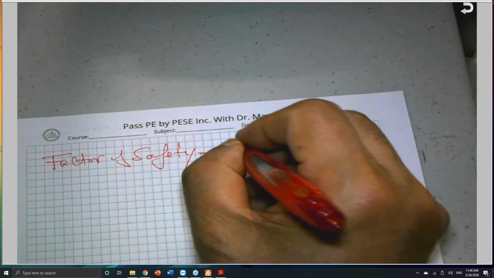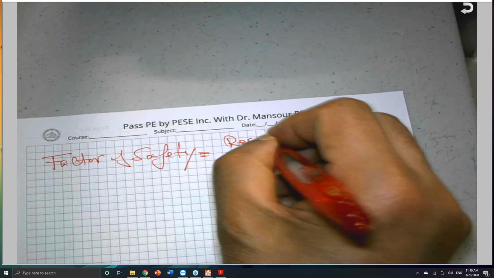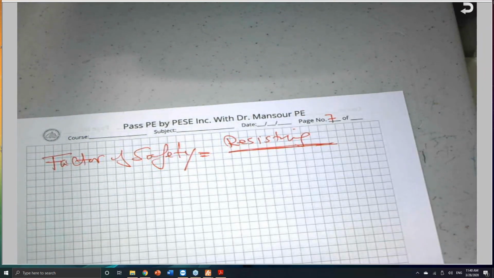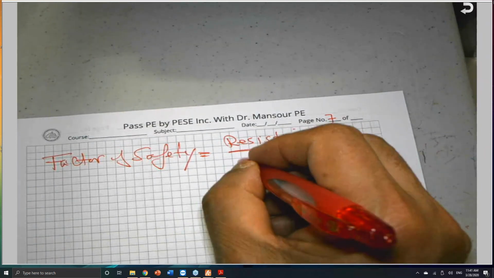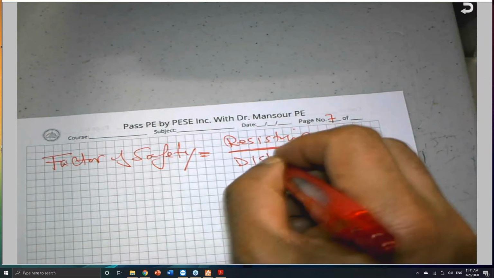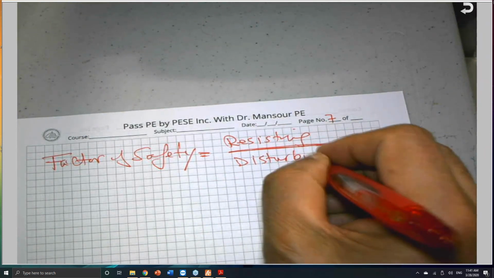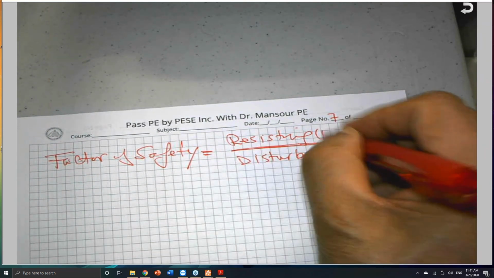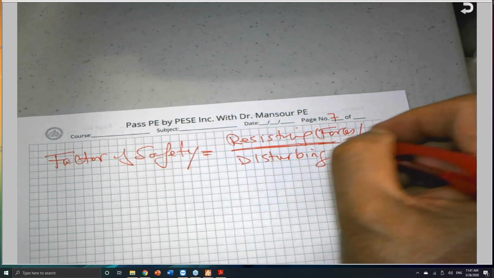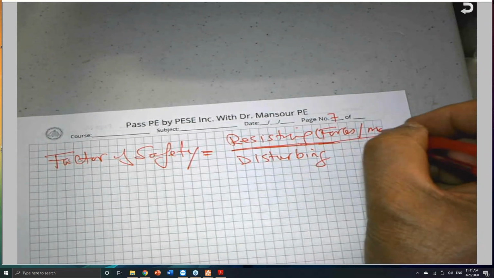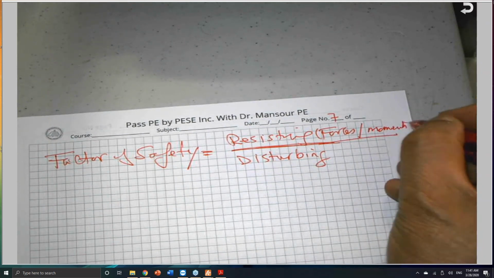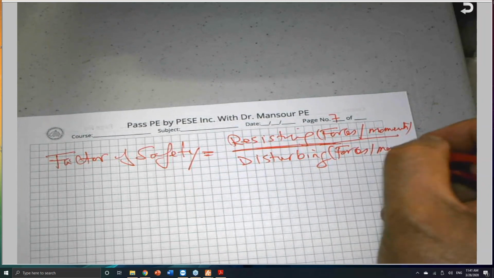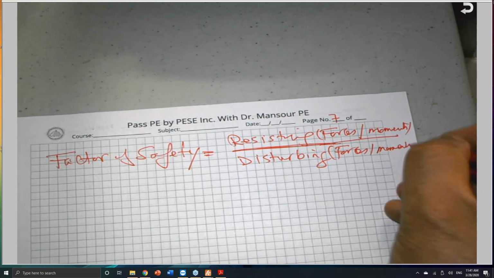So the resisting forces or moments over the disturbing forces or moments.